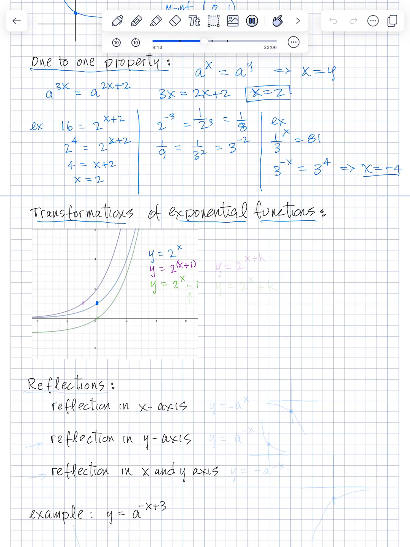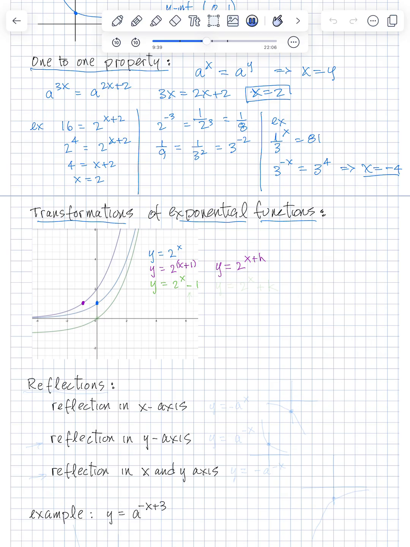This is like saying it's the format y is equal to 2 to the x plus h. Since it's plus 1, we're going to shift the intercept 1 unit to the left, and so we get the intercept right here.